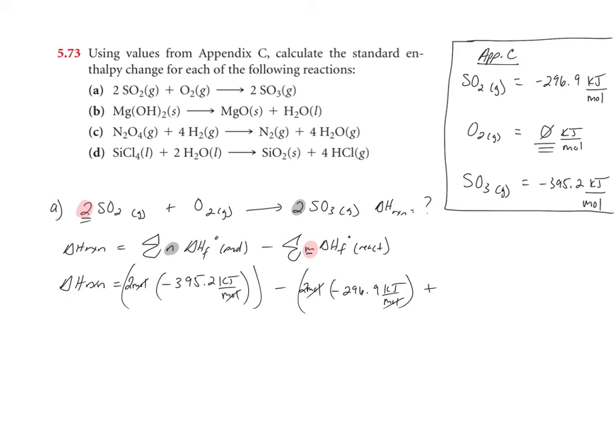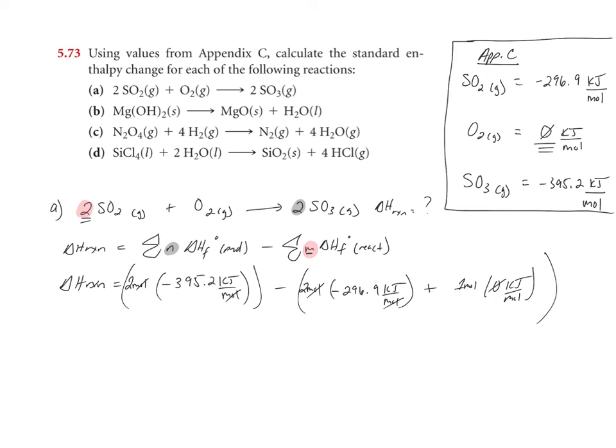And that's in Appendix C, or just from now on, any element has an enthalpy of formation of 0. So no need to really put it, but I'll still just throw it there. We've got 1 mole of O2, that's 1 times 0 kilojoules per mole. And again, you could leave this part out.